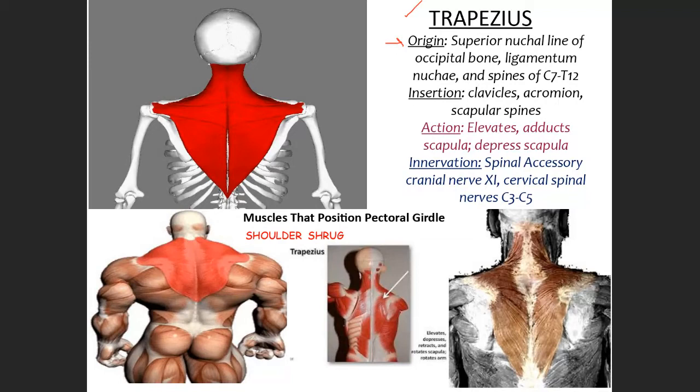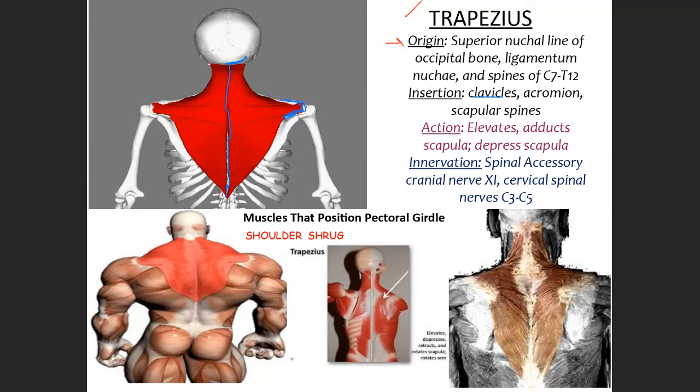This is called the superior nuchal line of the occipital bone, and the spines all the way down to T12. So that's the immovable part, and it's going to insert along the clavicle anteriorly, the acromion, and the spine of the scapula. Okay, so it's connected to the clavicle and the scapula regions.